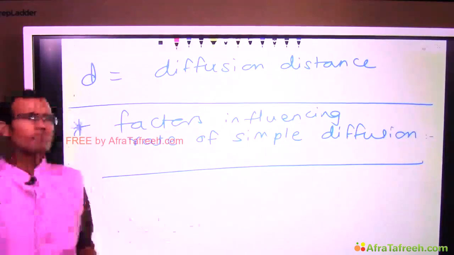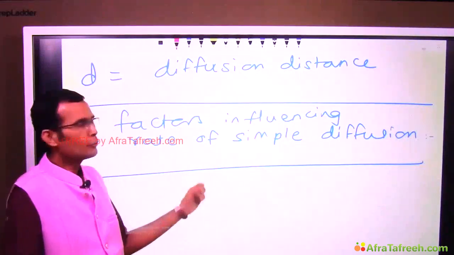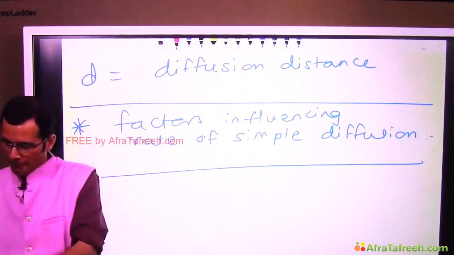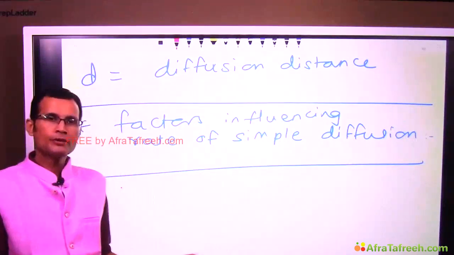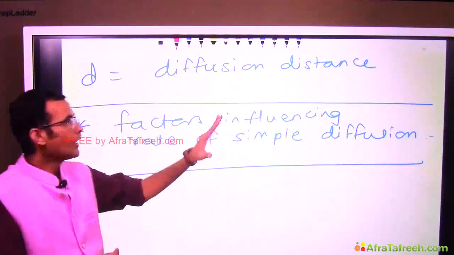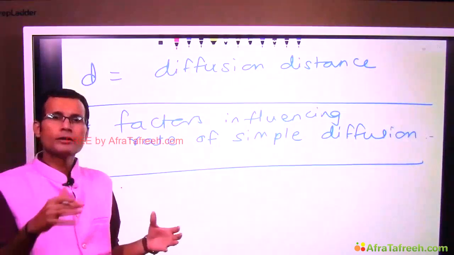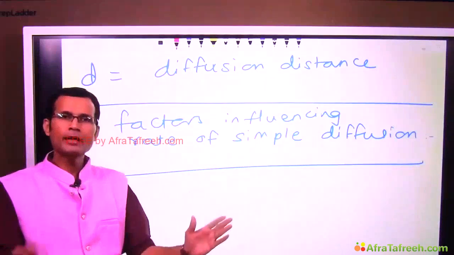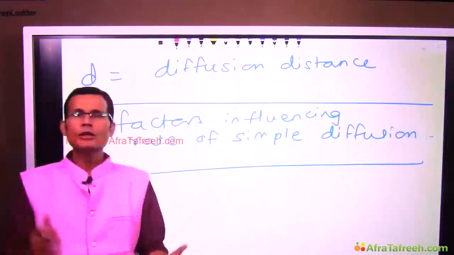Okay, there are 8 factors to which the rate is proportional. Let's look at those factors one by one. First 2 factors are easy to understand. We have already said that simple diffusion can occur in 2 ways, through the lipid bilayer and through the channels. So we have 2 clear-cut factors.